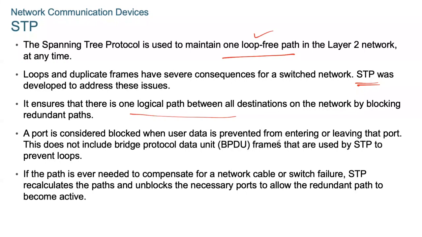If the path is ever needed to compensate for a network cable or switch failure, the spanning tree protocol recalculates the path and unblocks the necessary ports to allow the redundant path to become active.